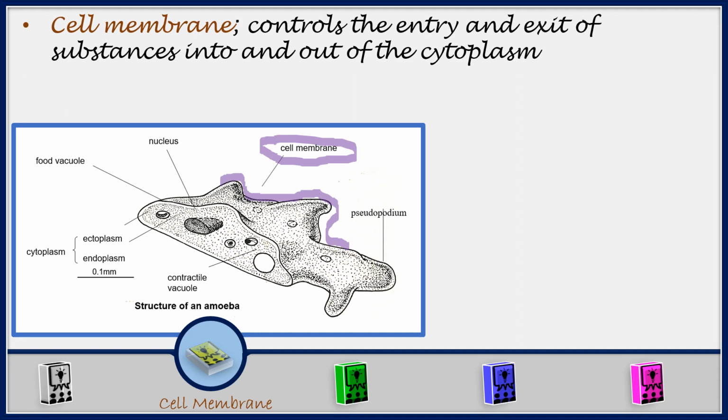Its function is to control the entry and exit of substances into and out of the cytoplasm. So all the materials, those going in and those going out, all of them pass through the cell membrane. And that is one part of the amoeba.